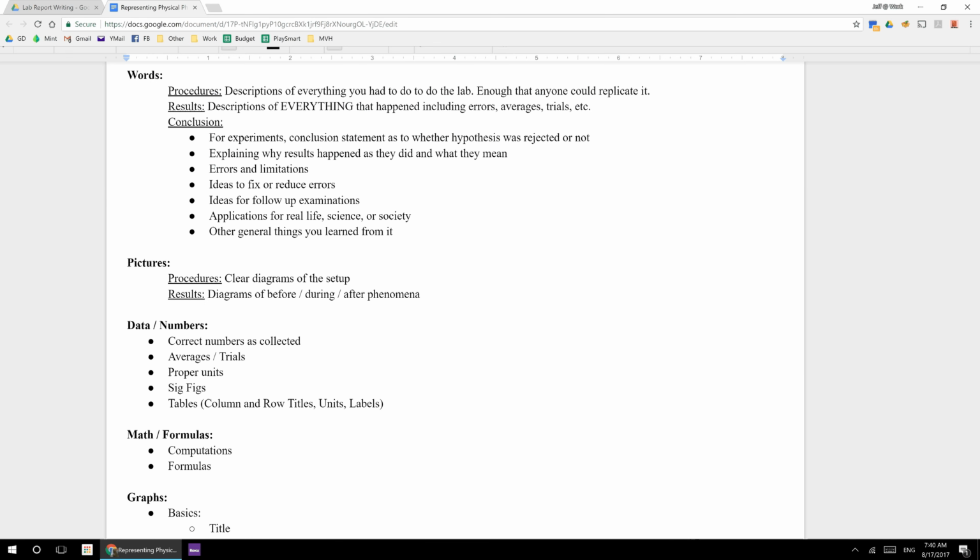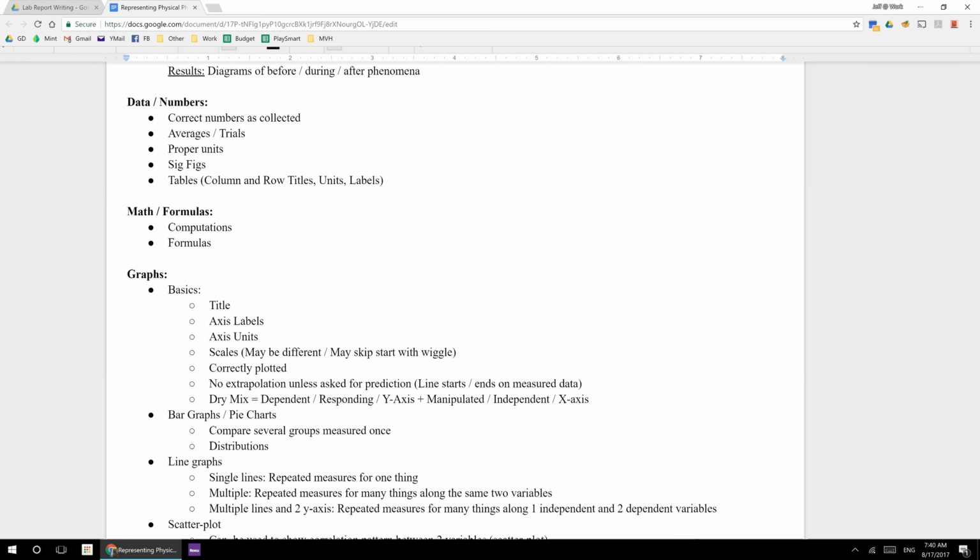Another good thing that any representation of physical phenomena should have is data. You need numbers. You need to record numbers as they were collected in a data chart. You need to make averages from multiple trials, hopefully. You also should include proper units for any number that has units, otherwise we don't know what those numbers mean. Numbers should be recorded with an appropriate number of significant figures so that you can correctly represent the level of precision throughout your experiment.